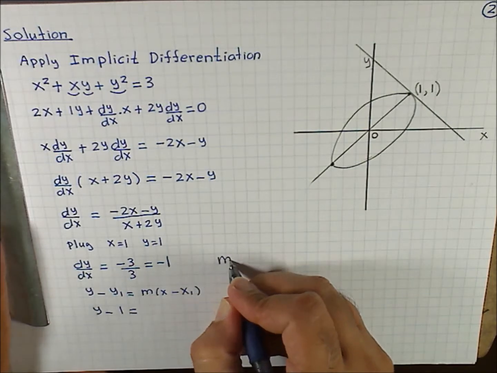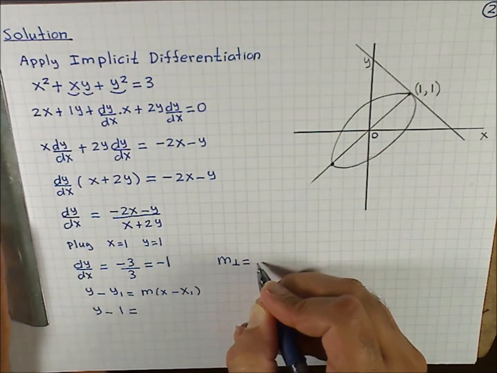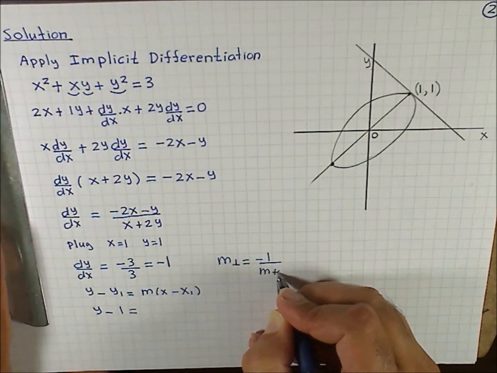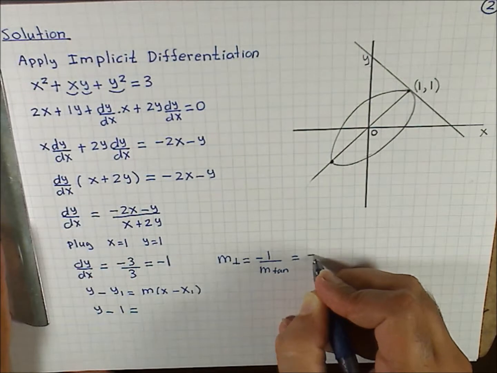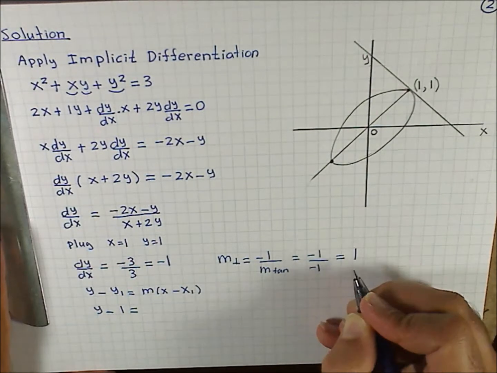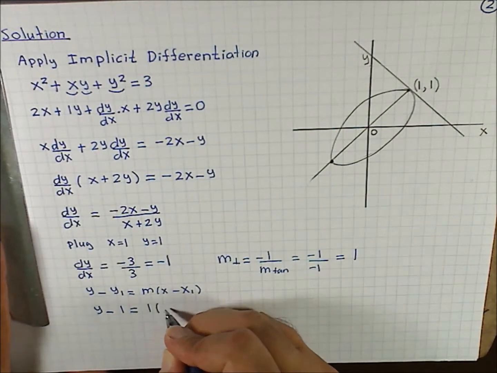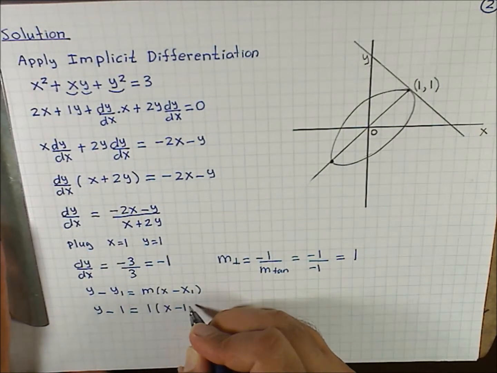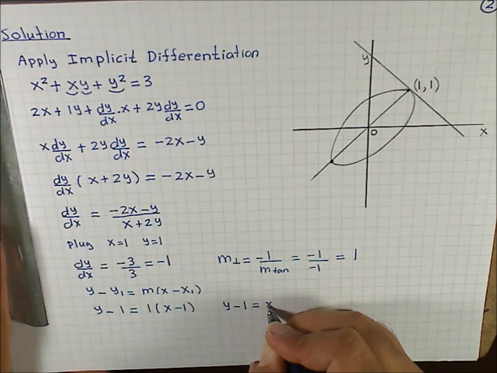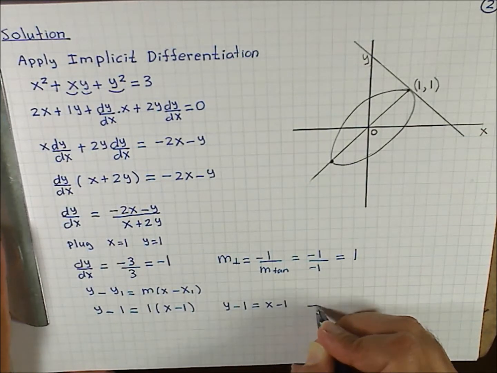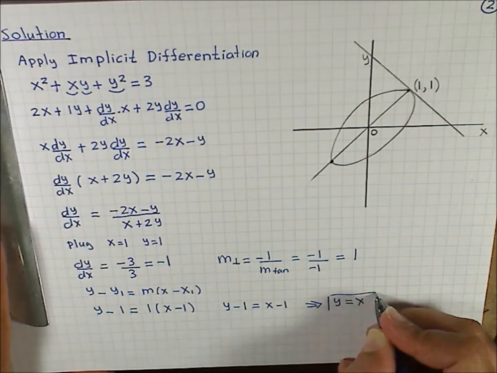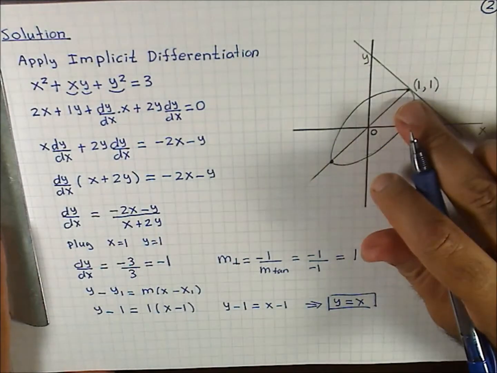So m perpendicular is going to be negative 1 divided by m tangent. But m tangent is negative 1, so m perpendicular is 1. That's 1 times (x minus 1). Let's expand this. We get y minus 1 is x minus 1. So we just get y equals x. This is the equation of this line here.